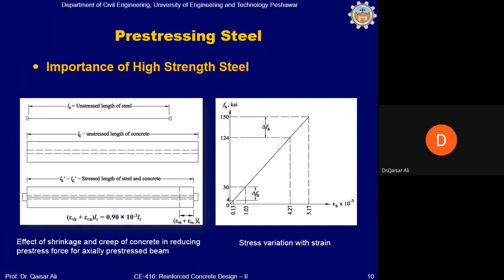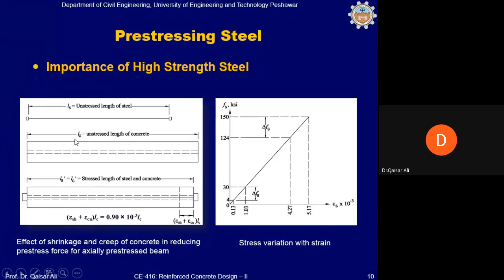As I said earlier, usually wires and cables are used for prestressing. So let's say we now discuss what type of prestressing steel and or wires shall be used for prestressing. This is a form work, where the length is LC of this form work.